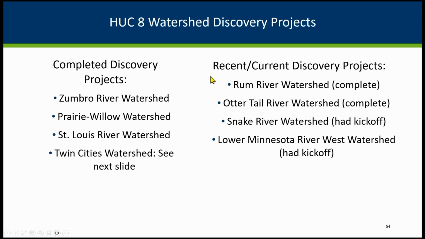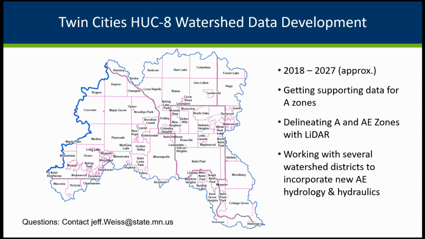Our current or recently completed discovery projects include the Rum River, Otter Tail River, Lower Minnesota River West, and Snake River watersheds. I'll talk about these more in just a minute. After discovery was completed in 2014 for the Twin Cities watershed, we were funded by FEMA to start a data development project for new mapping.